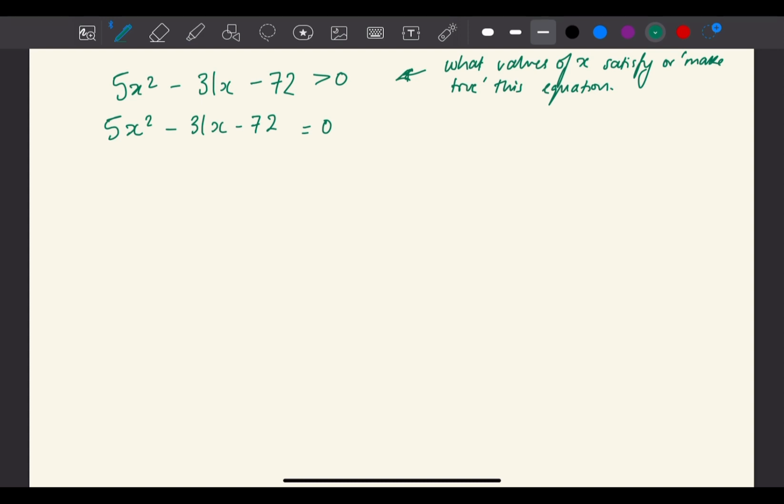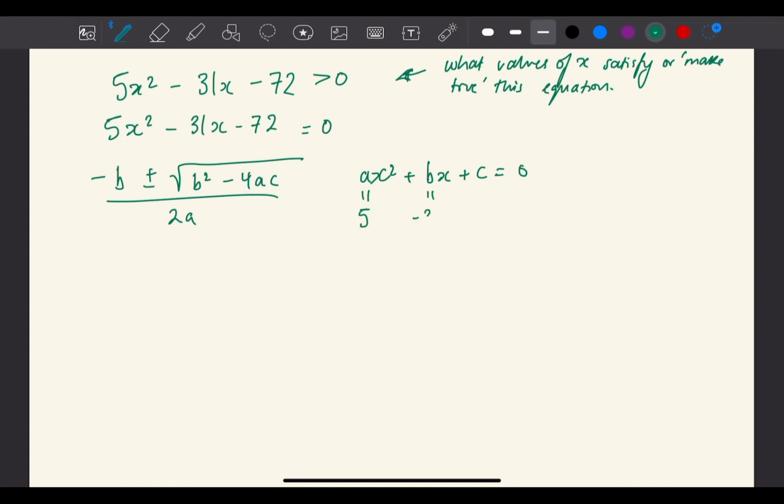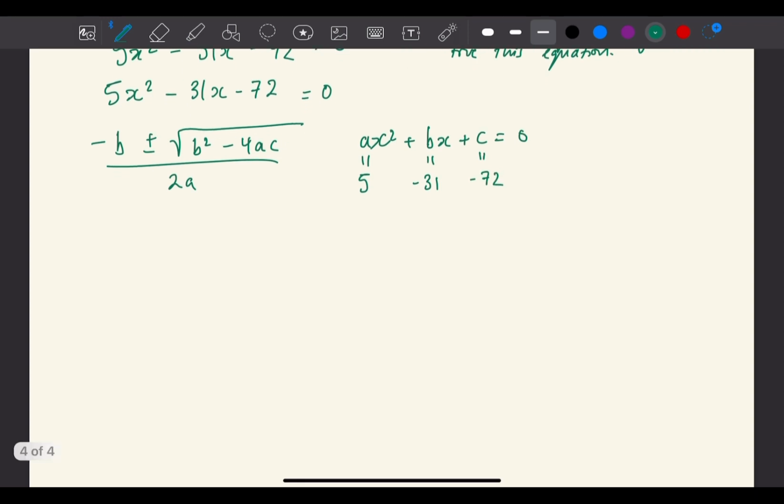You have to memorize this one: x equals minus b plus or minus the square root of b squared minus 4ac, all over 2a, where a, b, and c are from ax squared plus bx plus c equals 0. In our case, a is equal to 5, b is equal to minus 31, c is equal to minus 72. So just plug that into the calculator.